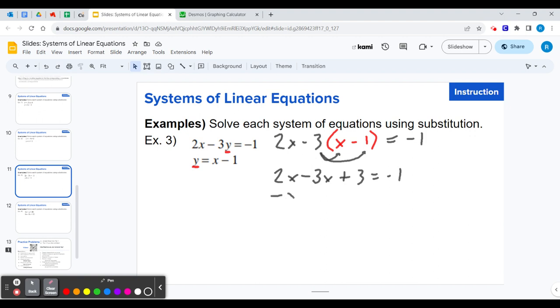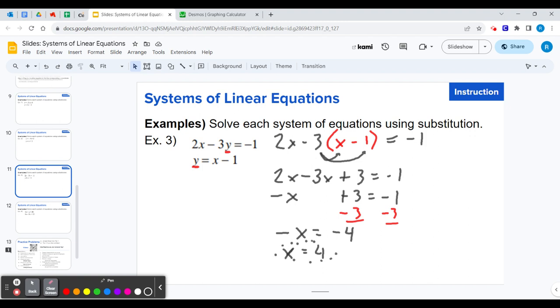We get a negative x over here. We can subtract 3 from both sides. Oh, let me go back a little bit. We get that negative x. We're just going to drop down that plus 3 equals negative 1. And then we can move that 3 over to the other side. So minus 3 minus 3, and we'll get negative x equals negative 4. And if negative x equals negative 4, then positive x equals a positive 4 there.